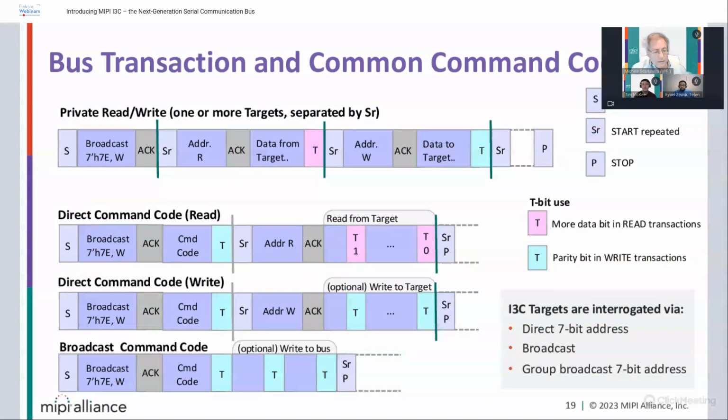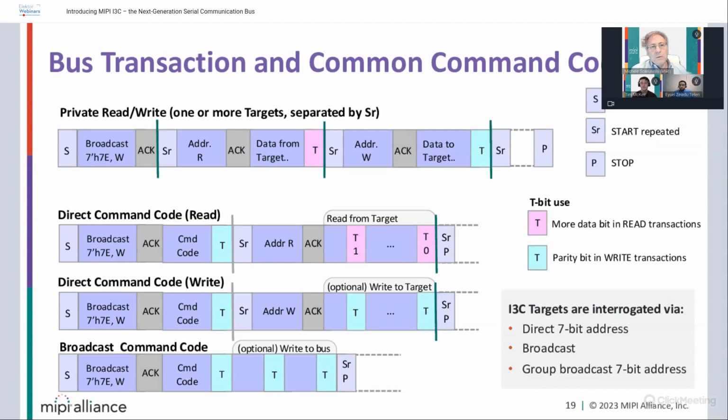We added, and this is where the two really diverge, what we call common command codes. This is a set of functions that are used to manage devices and the bus. They are issued right after the broadcast address and can do a number of functions. For example, we can define the maximum packet length.